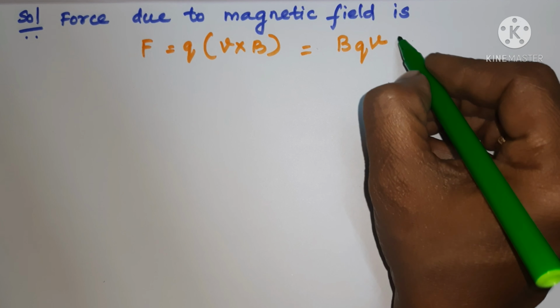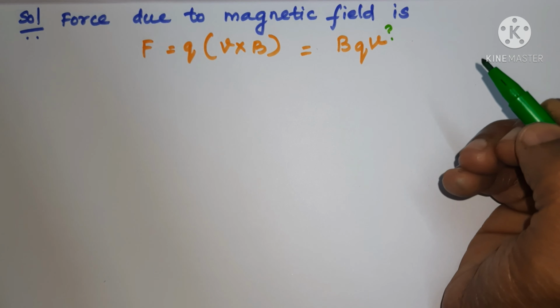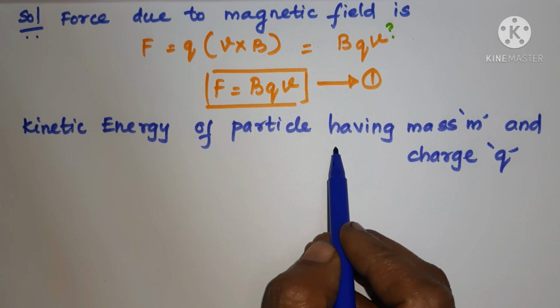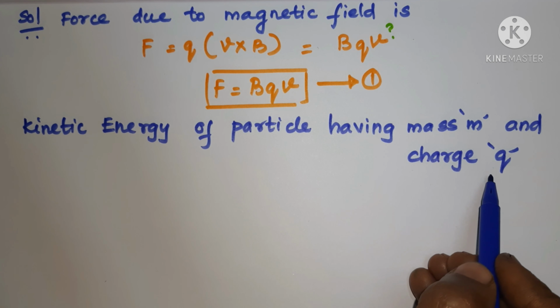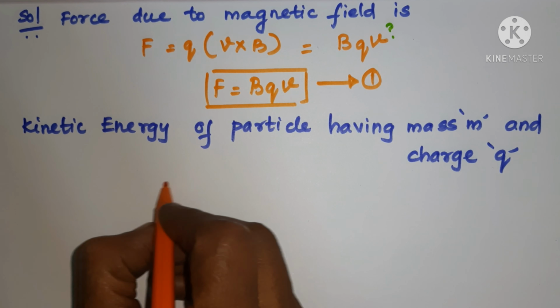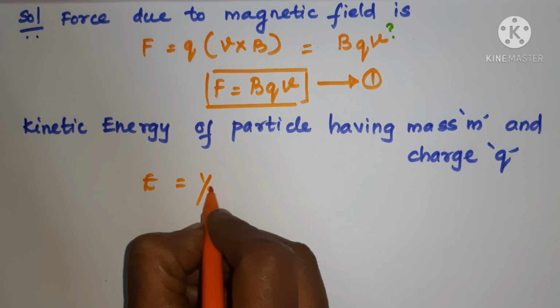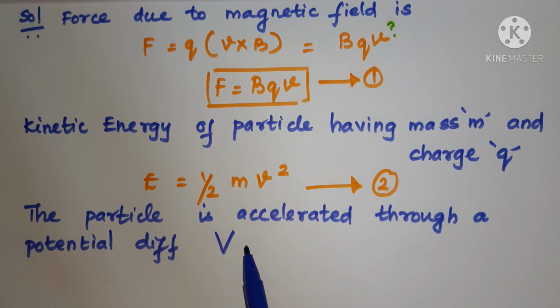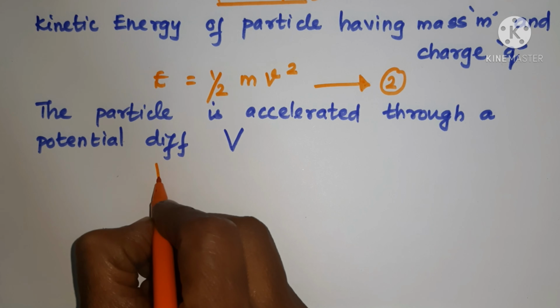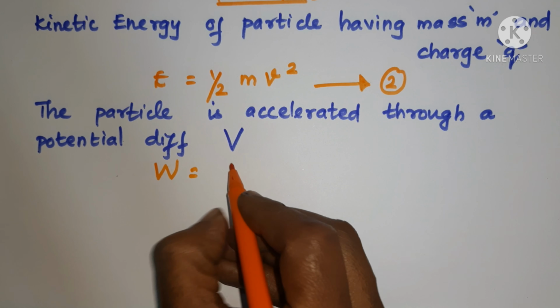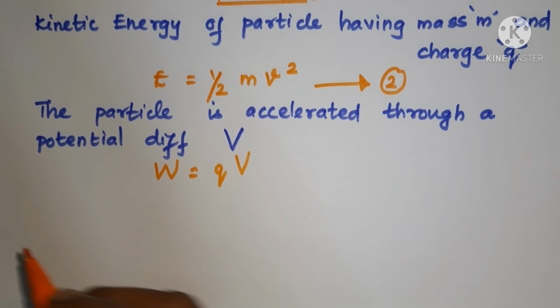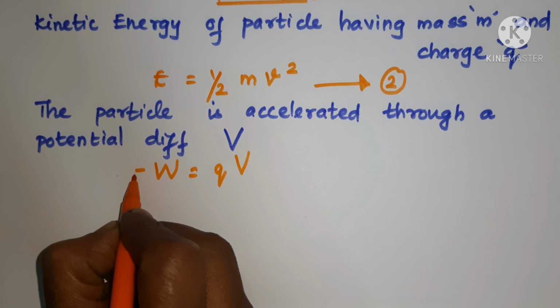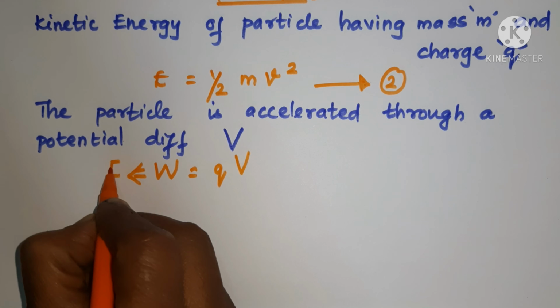We need to find the velocity. The kinetic energy of the particle having mass m and charge q is E is equal to half mv square. The particle is accelerated through a potential difference V, so the work done is W is equal to QV. This W is that energy now.